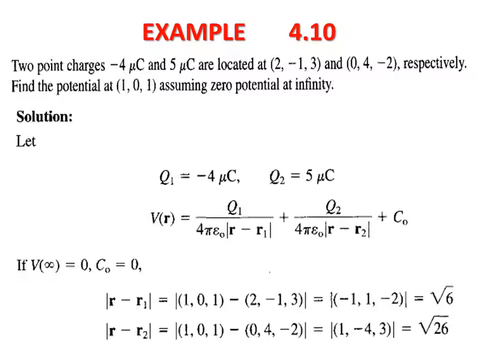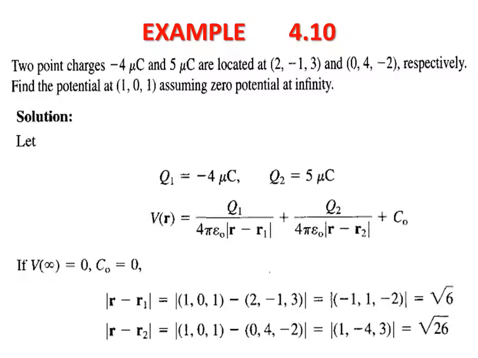We can find |r minus r1| by drawing the vector from the point to those locations given in the question, which are (2, -1, 3) for minus 4 microcoulombs and (0, 4, -2) for 5 microcoulombs.